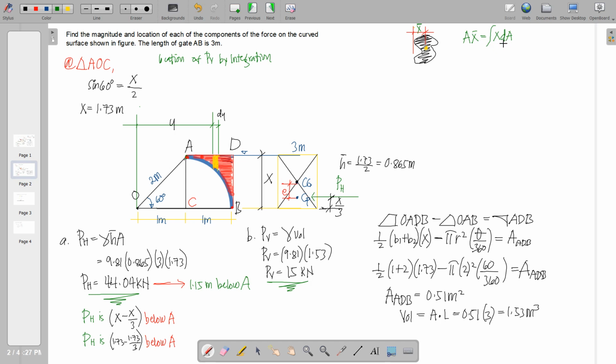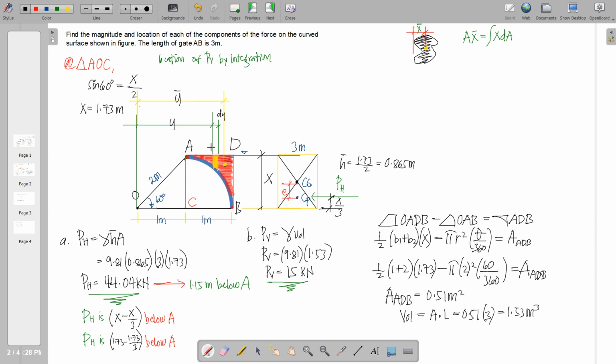This differential area refers to the differential element that we have formulated, or the strip out of the whole area. Since we have labeled this as y, therefore the centroid of this one should be y bar.